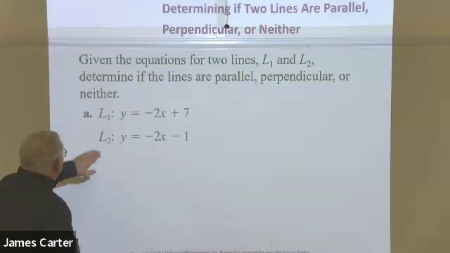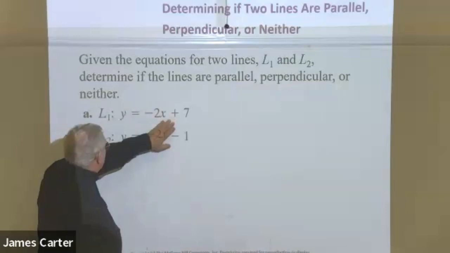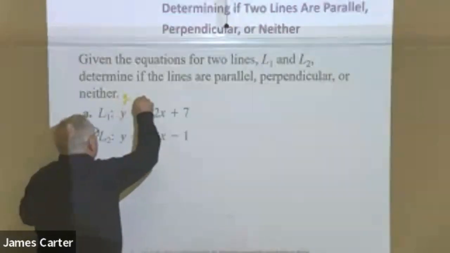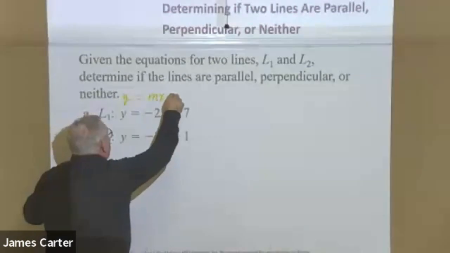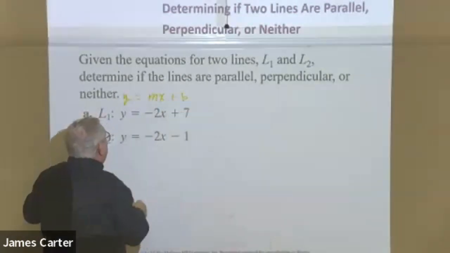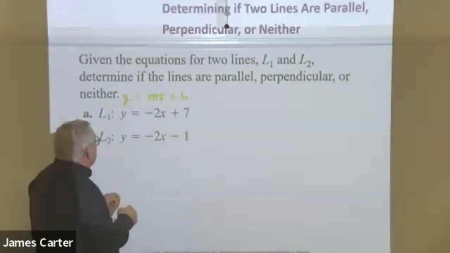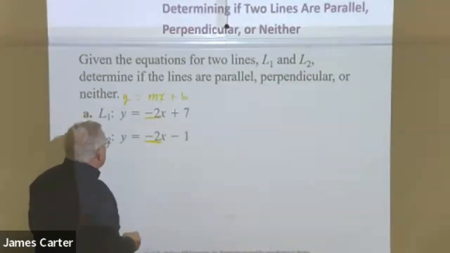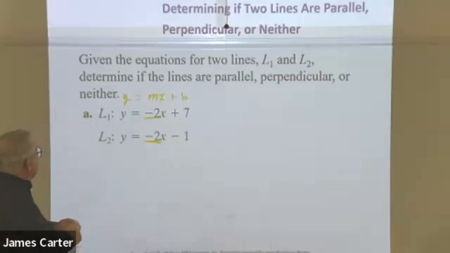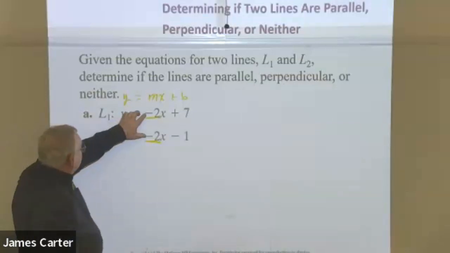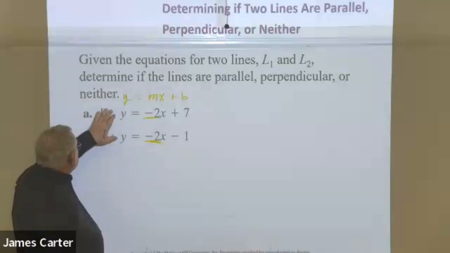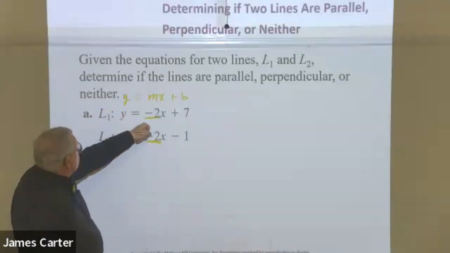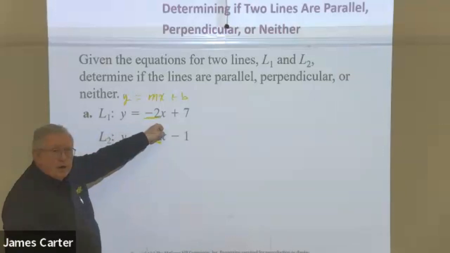Well, if two equations are in y equals mx plus b form, it's real easy to determine if they're parallel or perpendicular just because of the slopes. So in this case, they have exactly the same slope. So without doing any work whatsoever, you can simply say these two lines are parallel.